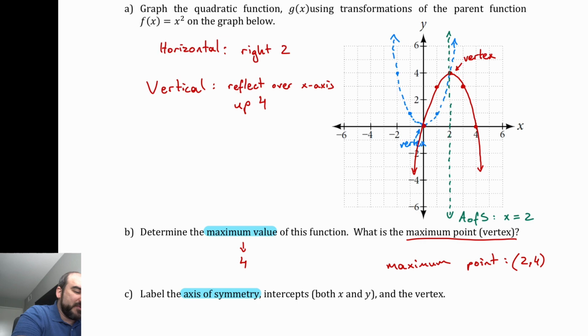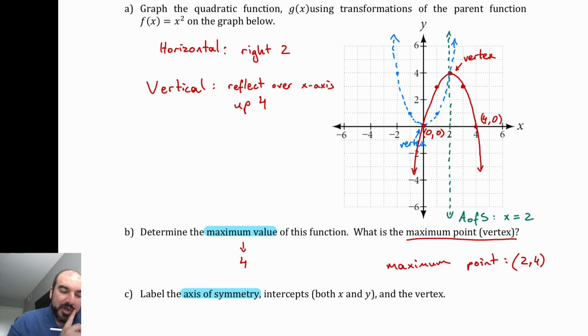Label the intercepts. We're going to look for the intercepts here. The x-intercept here I'm seeing at 4 comma 0, and then also at 0 comma 0 I'm seeing an x-intercept. So we'll label those two. What about the y-intercept?